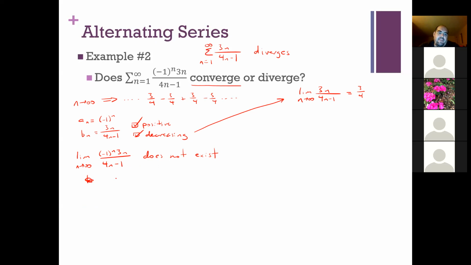So then what does that mean about the series? If the limit of the sequence does not exist, what does that mean about the series? So it diverges.